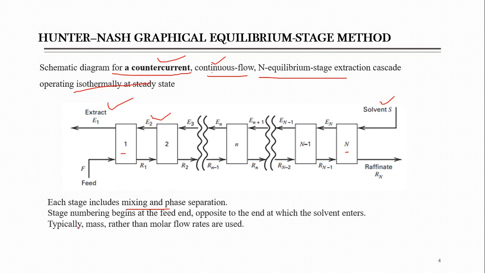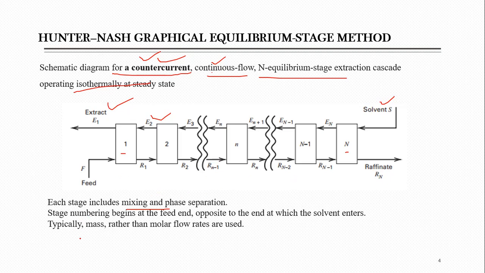The stages are numbered from 1 to capital N. Stage 1 is where the feed is entering, and then we keep moving towards the other end, because this is a counter current system in which solvent enters from the other end. For example, consider that capital N is equal to 4, so you will see stages 1, 2, 3 and 4 in the system. N can be any number; we are looking for the number of stages involved in some specific extraction.